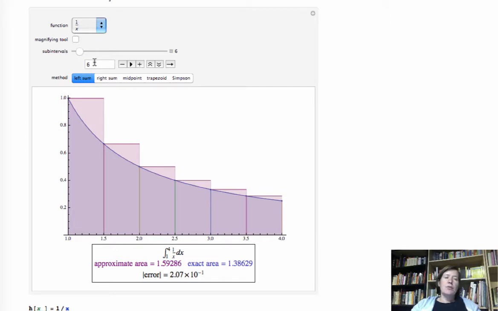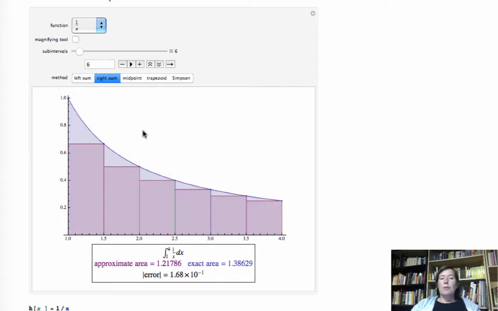And if we use 6 approximating rectangles, then we must carve the interval up into 6 equal parts, and these form the bases of the rectangles. And for the left endpoint approximation, the height of the rectangles is determined by the height of the function at the left endpoint of each of these subintervals.